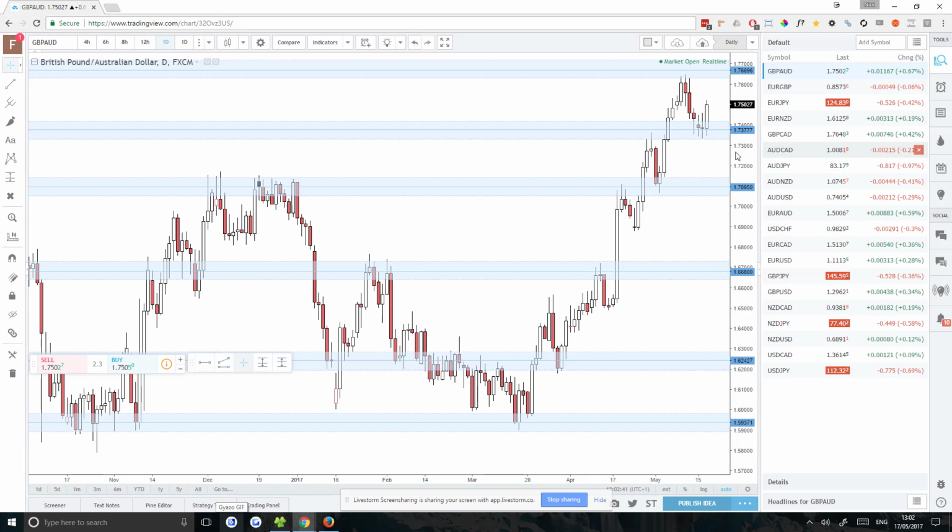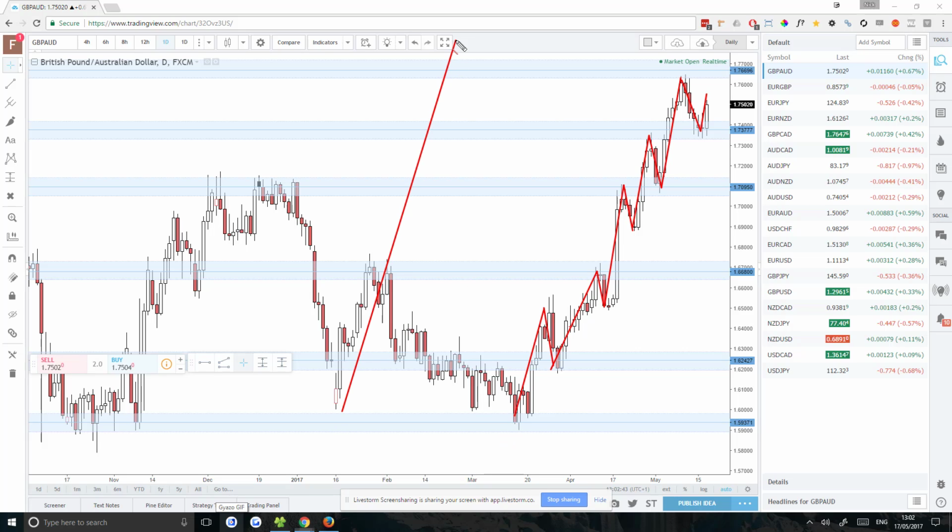Now yesterday we were looking at GBP AUD for potential continuation reversal. So I was saying that we've seen this pattern for a little while now on GBP AUD. This is just how price moves when it's trending. It's very rare that price just goes up and trends without coming back.